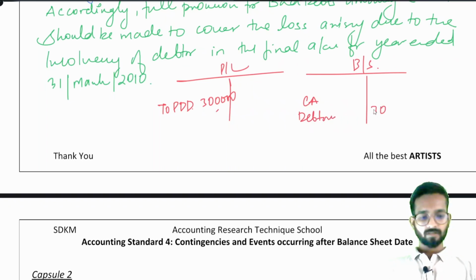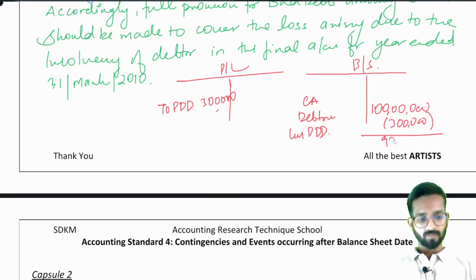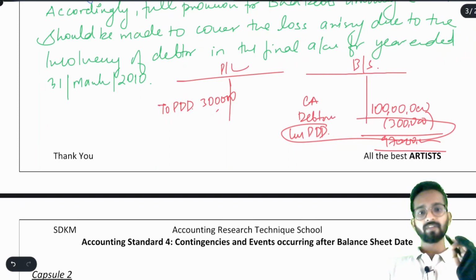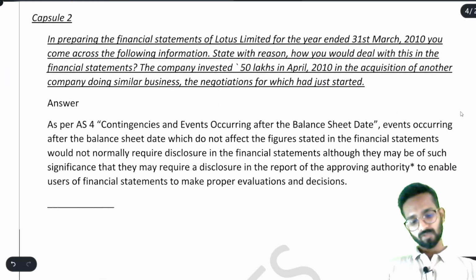Suppose the total amount of debtors is 1 crore, then they will write less PDD 3 lakhs. It will be 97 lakhs. Only for this case I am telling. Whatever provision they are creating every year, that is different. So this is how they will represent. Now after this, capsule number 2, let's see.